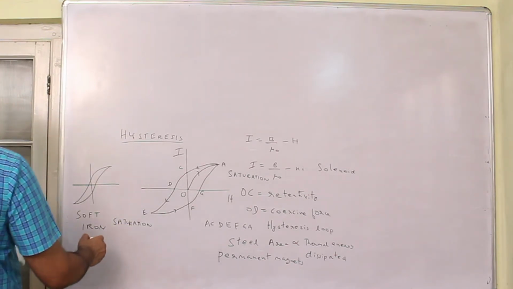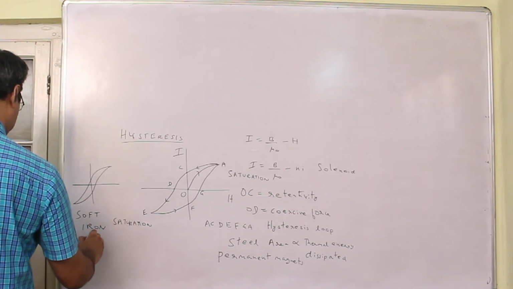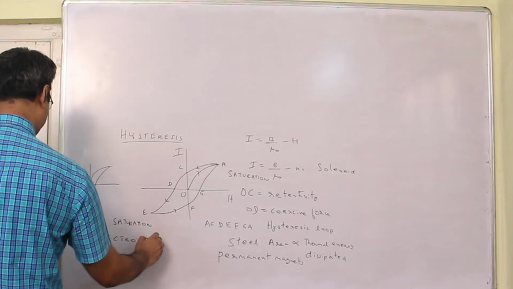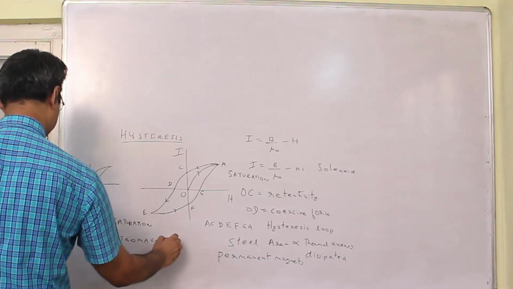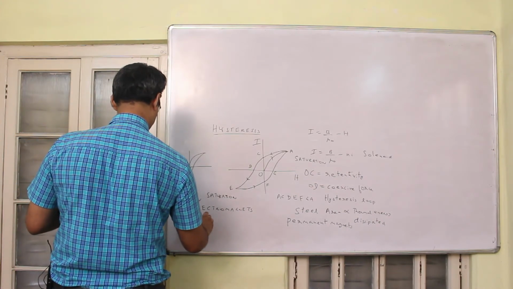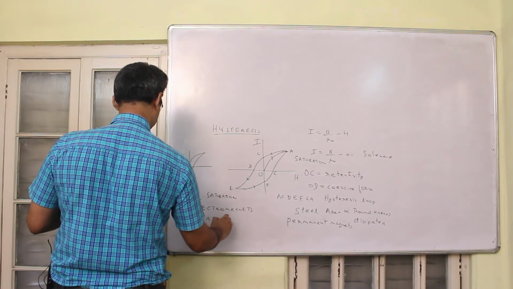Where do we use soft iron? We use soft iron mainly to make electromagnets, and for making soft iron cores.